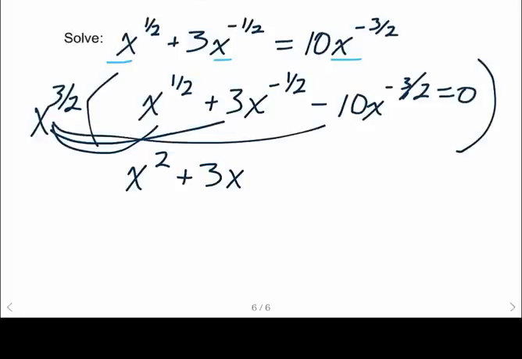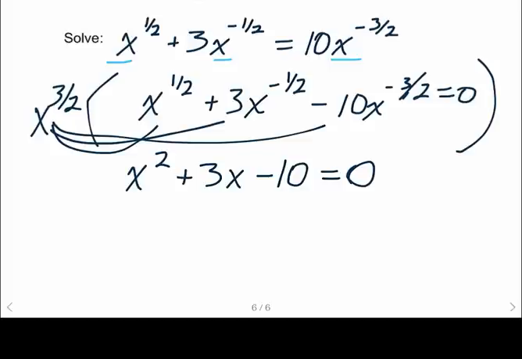Finally, x to the 3/2 times -10x to the -3/2, adding those exponents gives me a 0 as an exponent on x, and so that factor drops out. And though I neglected to illustrate it, x to the 3/2 times 0 is still 0 for the right-hand side.